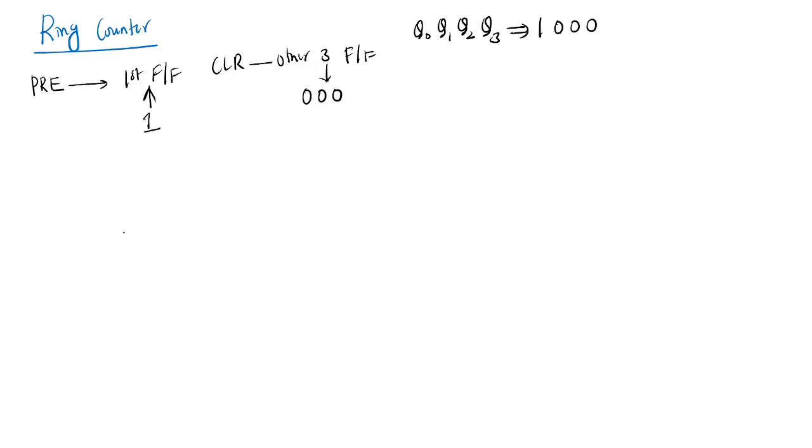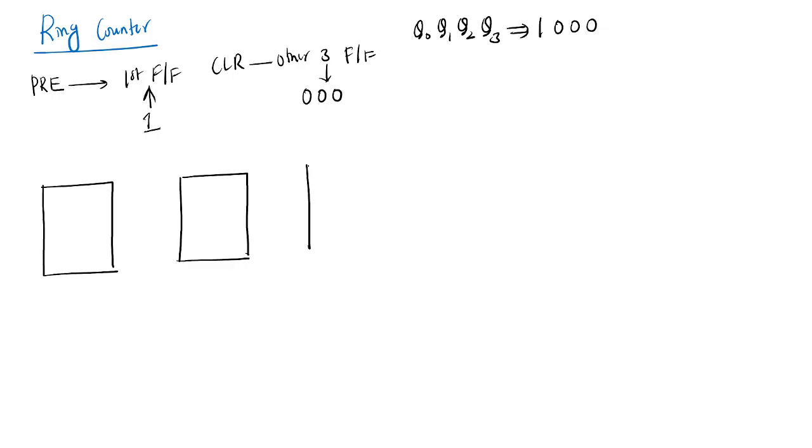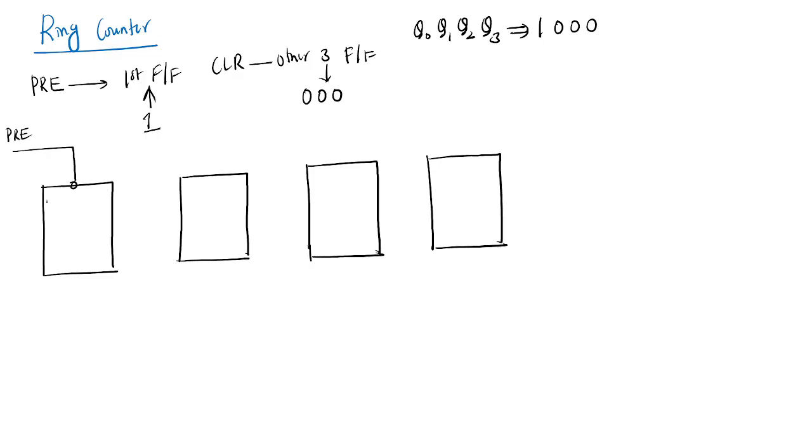If I draw the circuit diagram, you are using four flip flops. Here preset is an active low signal, given to the first flip flop. We have D naught, Q naught, D1, Q1, D2, Q2, and D3, Q3.